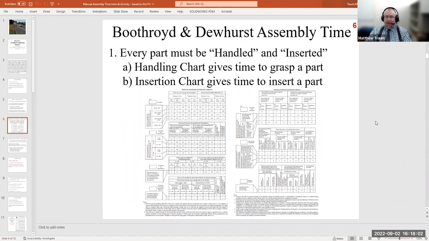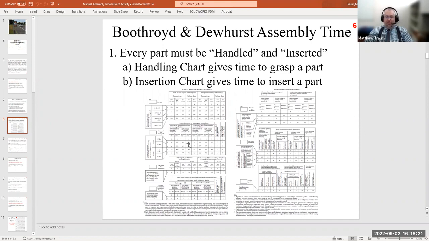And so we have a handling chart and we have an insertion chart. That's the big differentiation between these two things: there's a chart for each one, handling and insertion. Ultimately you'll do a handling step and an insertion step, a handling step and an insertion step, a handling step and an insertion step.